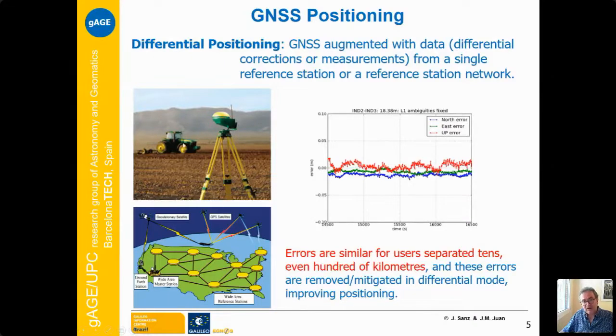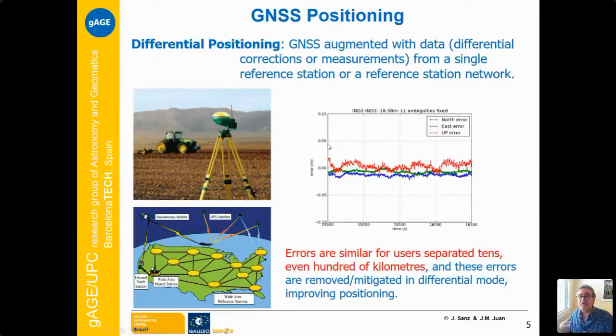In this case, errors are similar for the reference station and the user, and this error can be removed or mitigated in differential mode, improving positioning. To fully remove or just mitigate it depends on the baseline between the reference station and the user receiver.